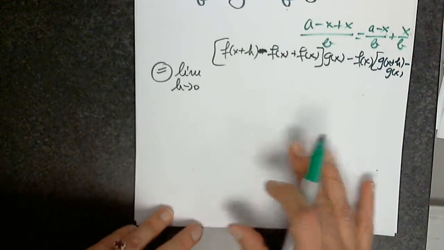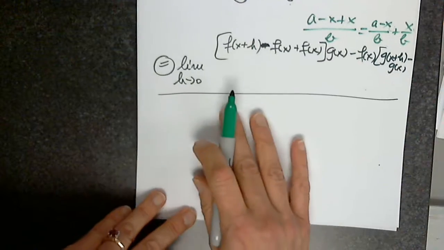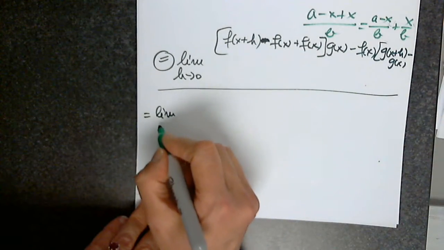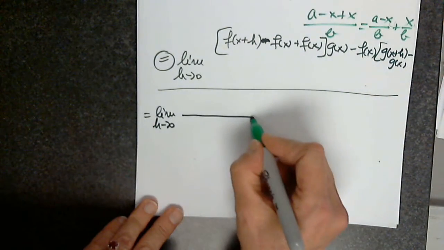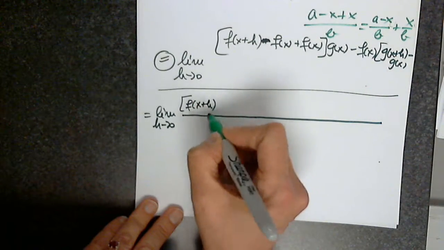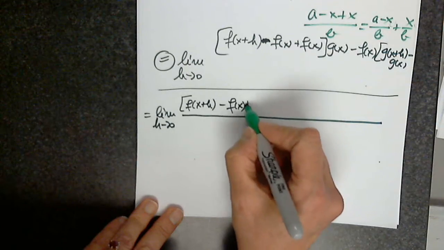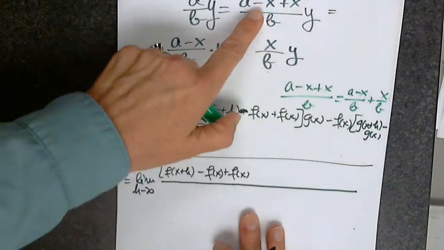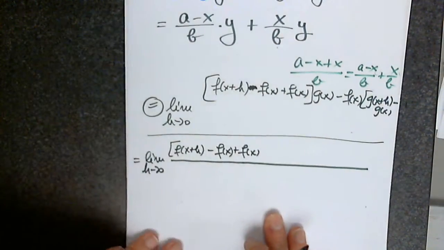I'm going to have to write it one more time because it's not clear. So I'm going to write f of x plus h minus f of x plus f of x. That's my negative x and x that I gave you here as an example.